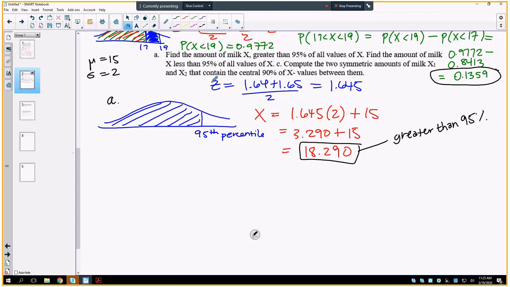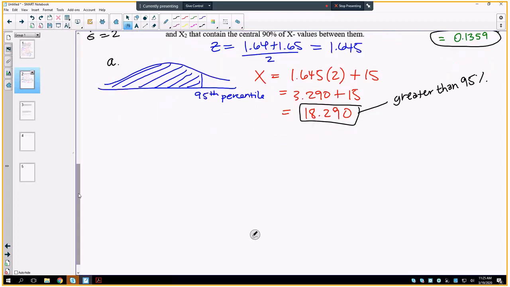Okay, the second part of the question, what about the x value less than 95%? So what if instead I'm talking about the 95% now is over here, and I'm just looking for this 5% here.